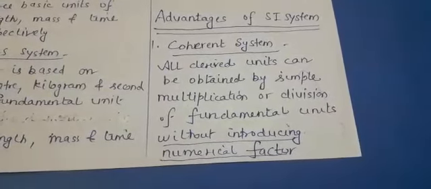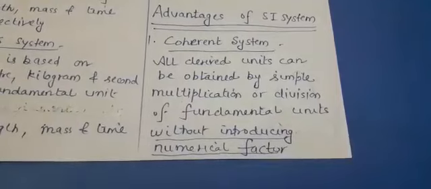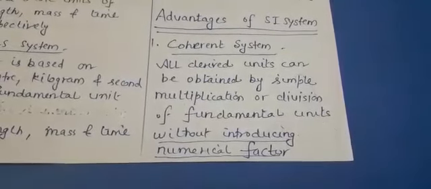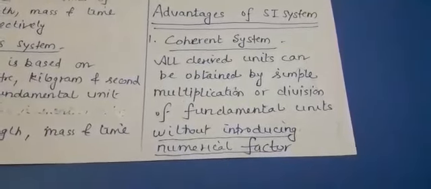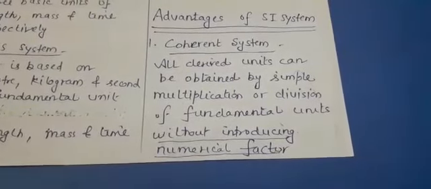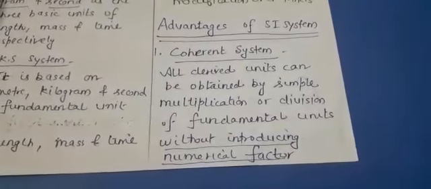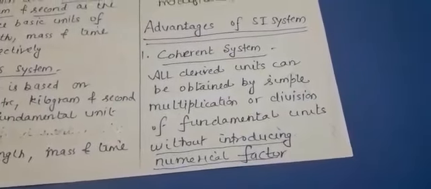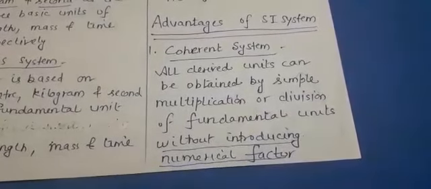No numerical factor like multiplication with half or some other can be introduced. You can take kinetic energy, which is half mv square. This formula we have obtained by certain means. But when you are taking its unit, that half is not contributing. So that's why we say that no numerical factor has been introduced in the units.